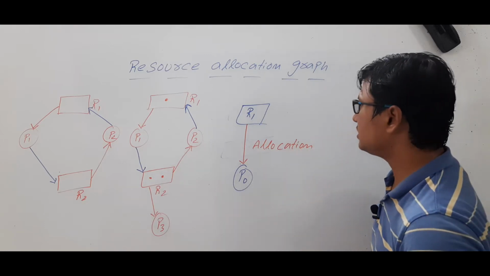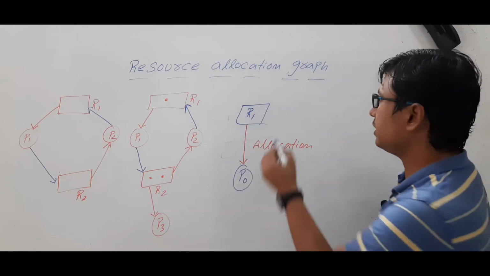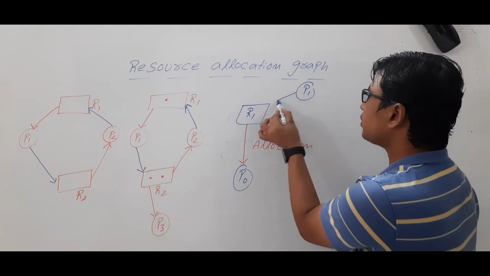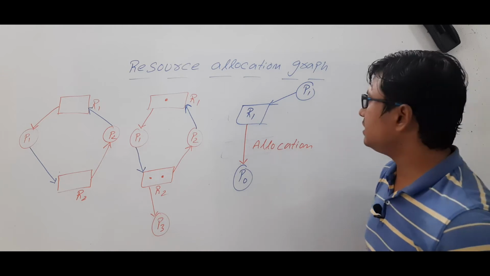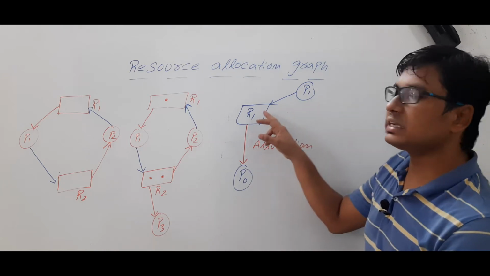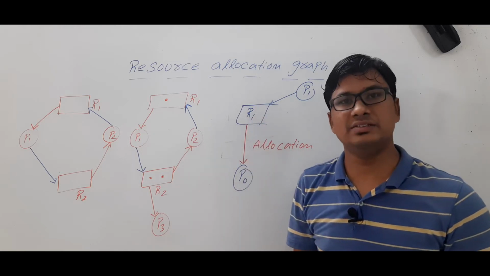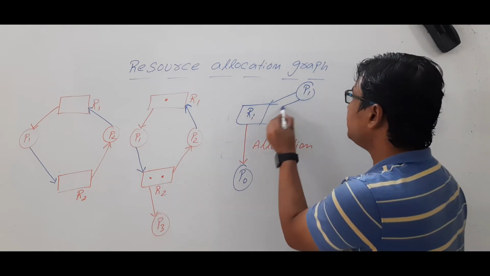Similarly, let's take that you have resource R1 and there is a process P1. If there is an edge from the process to the resource, it means that process P1 is requesting one instance of resource R1. Is it clear? Let's take that you have two edges.